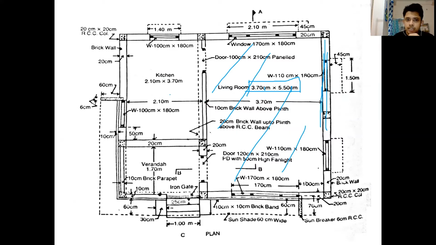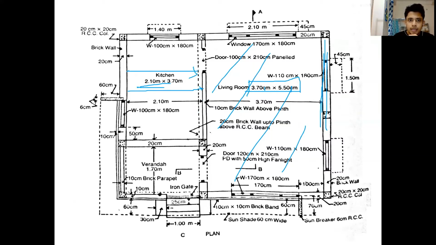But we see that here, this is a half wall, 10 centimeter thick, and the plinth is 20 centimeter thick. Therefore, we have to subtract half of 20 centimeter from this 2.1 meter. Along this direction, it is 2.1 meter up to the wall, but up to the plinth, how much will be the dimension?